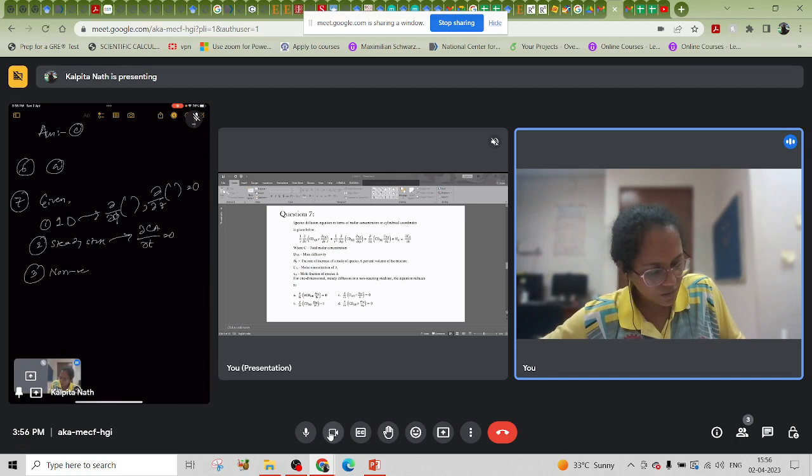Next is non-reacting medium. This is N A dot is equal to 0.